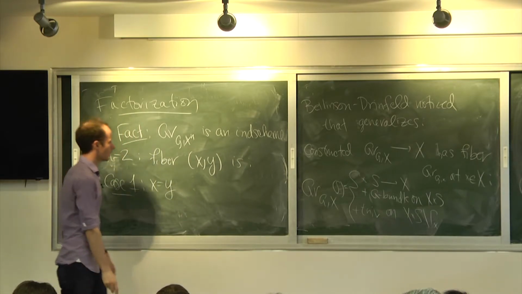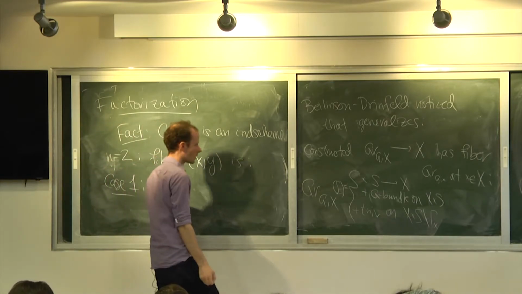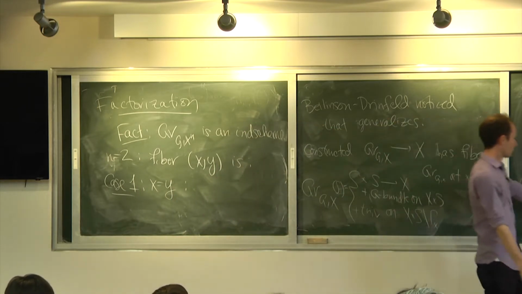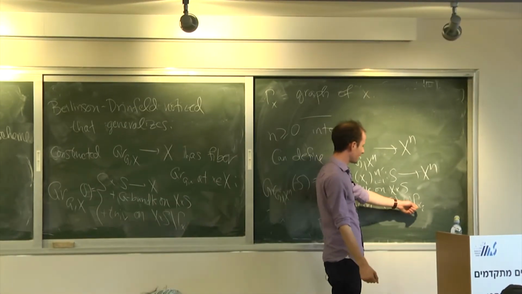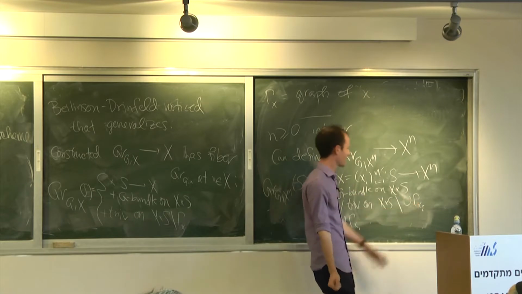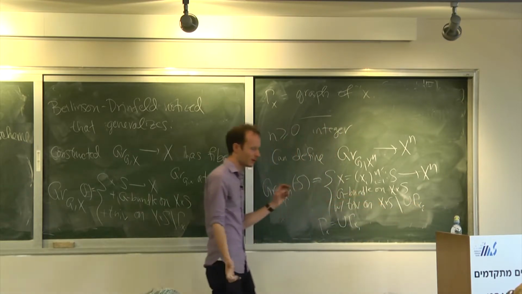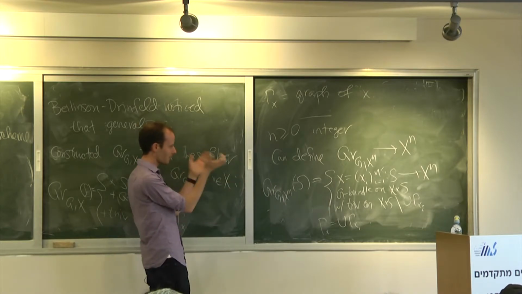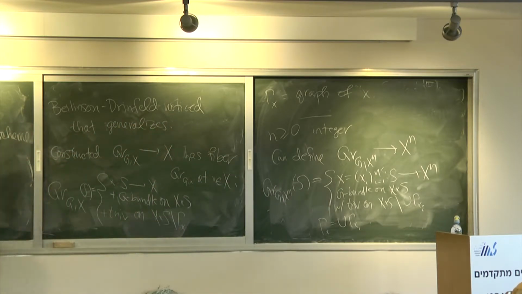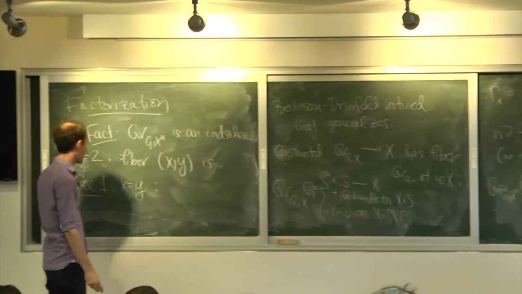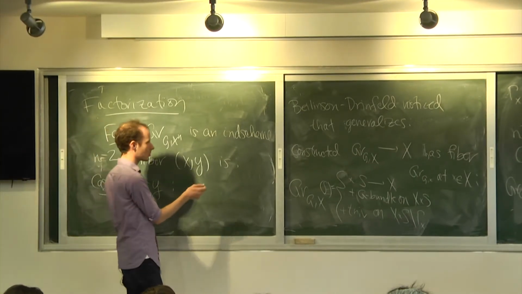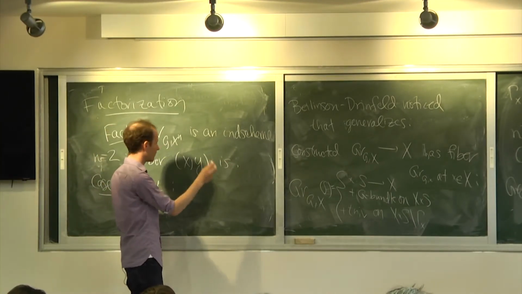And in this case, what are we saying? You take the union of the graph of this map x twice and remove it from X cross S. Well, that's just the same as removing the graph of the map x, right? That union doesn't change the complement. So in this case, we're just giving the same definition that we gave before.